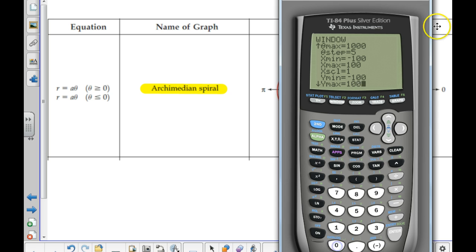I did a spiral, but it's still too big. I don't know how to make it fit on the screen better. I did 100 by 100 for my window, but, okay.